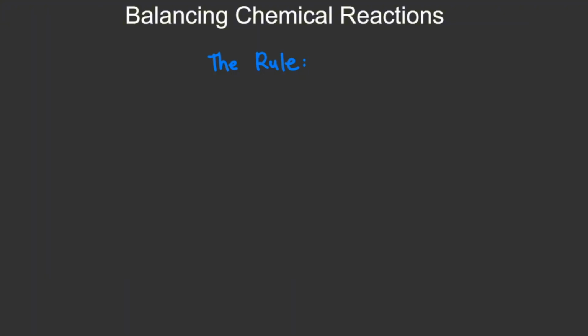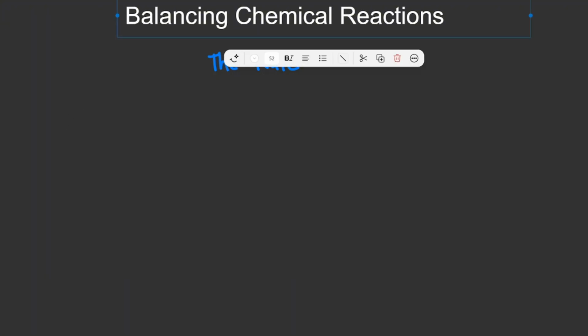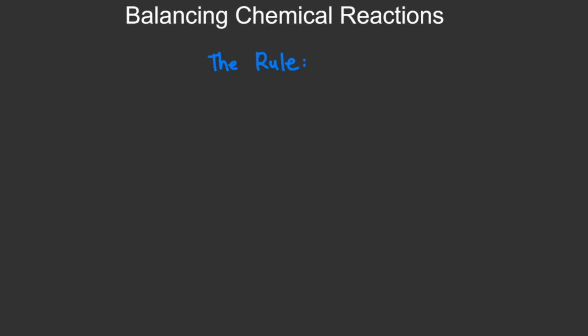Now, a subscript, for you guys who don't remember, we're going to use water as an example. Simple H2O. Now, the coefficient is the number placed in front of it. So let's say we had 2 molecules of H2O, that is the coefficient.